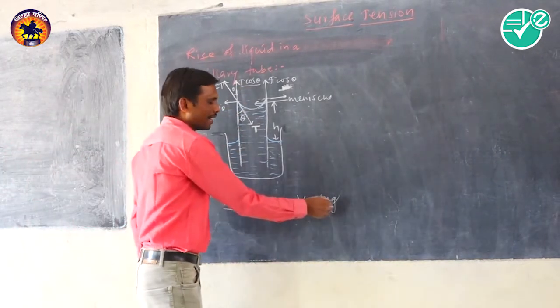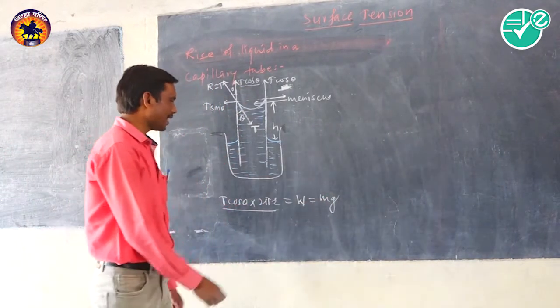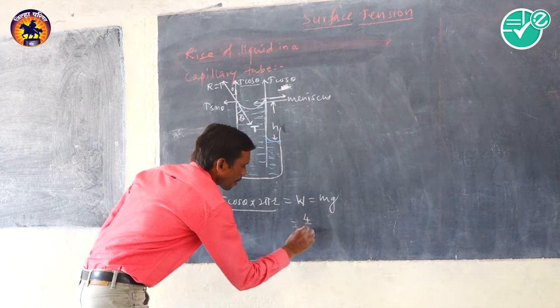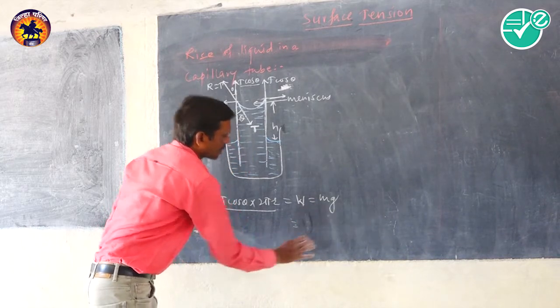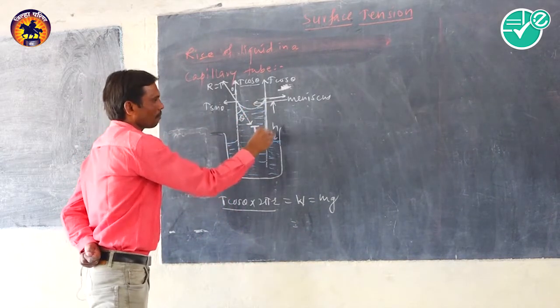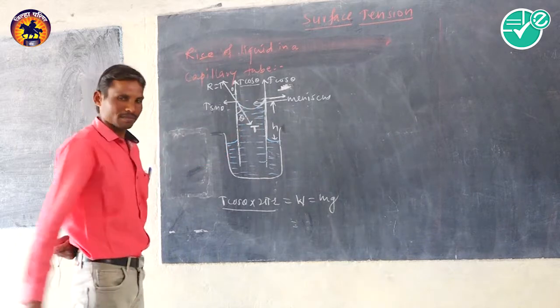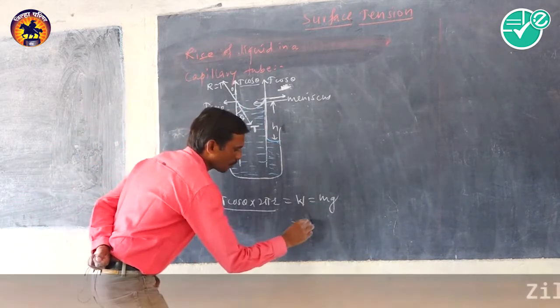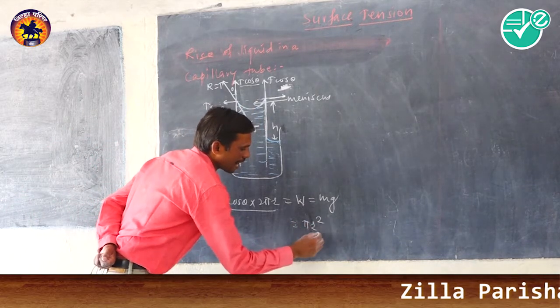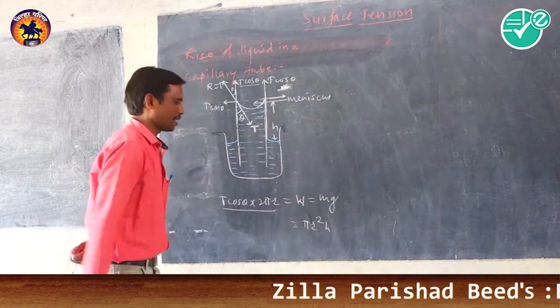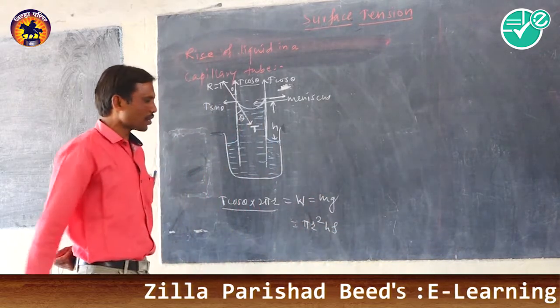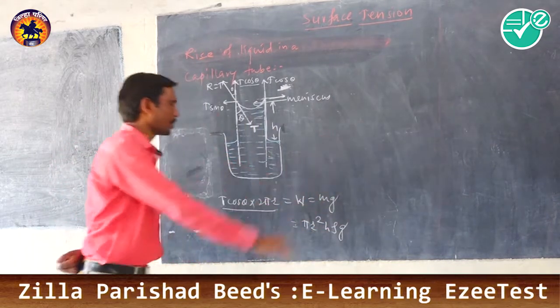But by writing this mass in terms of density, we get mass equals volume into density. What is the volume of this liquid column? This liquid column is cylindrical in shape, so volume of cylinder is pi r square into h. Density of the liquid, now consider rho, and here g is the acceleration due to gravity.